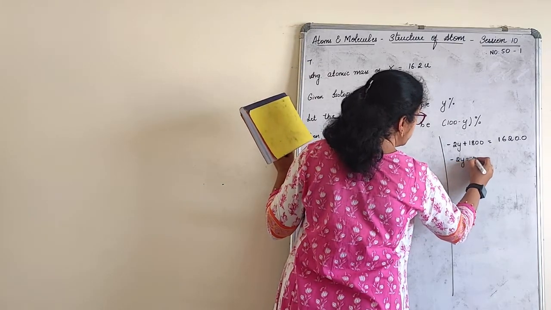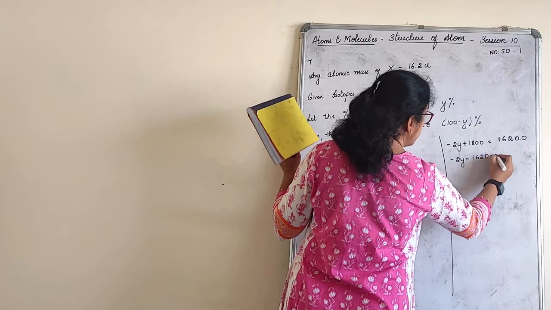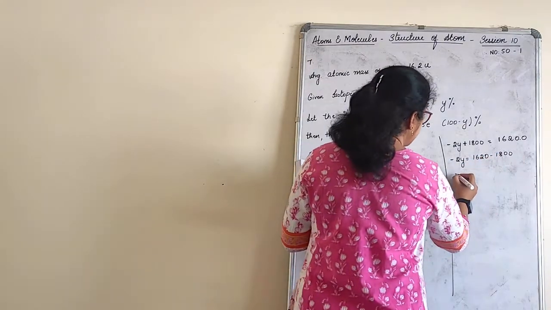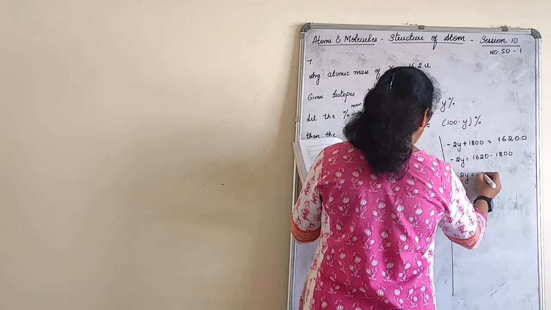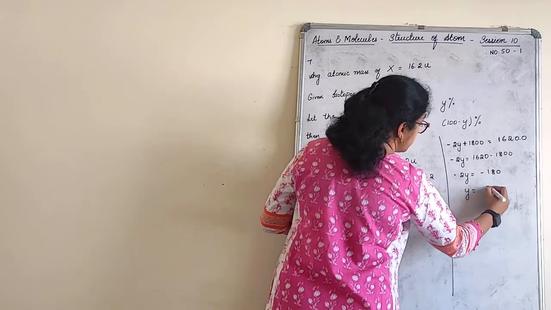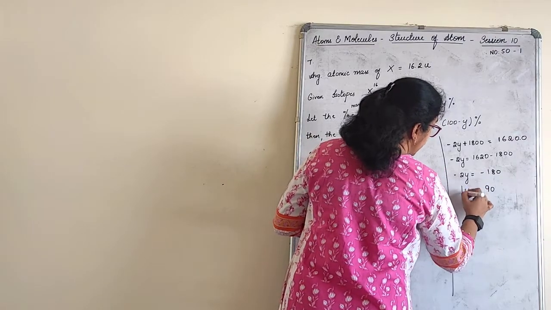Minus 2y is equal to 1620 minus 1800, that is minus 180. Minus minus plus, y is equal to 90.